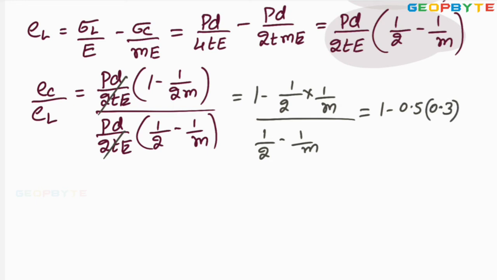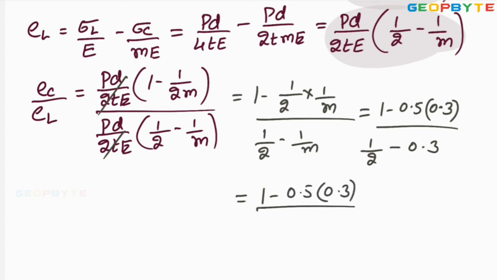0.3 divided by 1 by 2 minus 0.3. So it is equal to 1 minus 0.5 into 0.3 divided by 0.5 minus 0.3. You simplify this value for getting approximately 4.25.